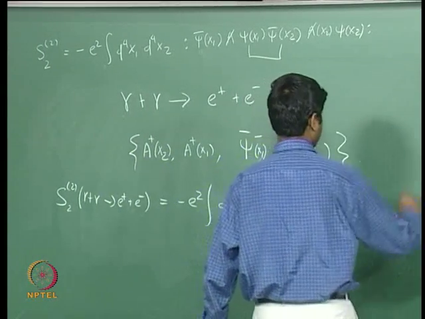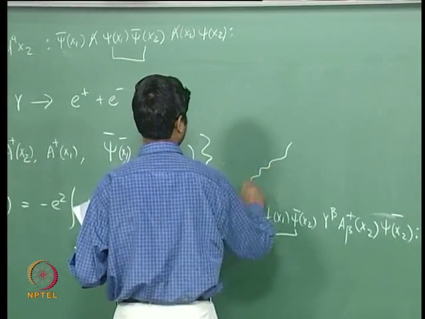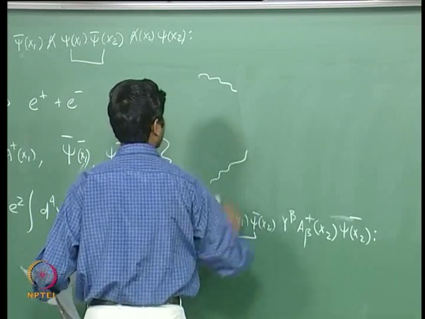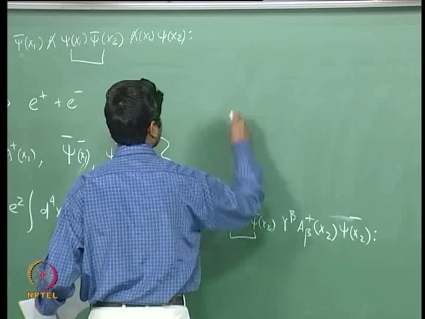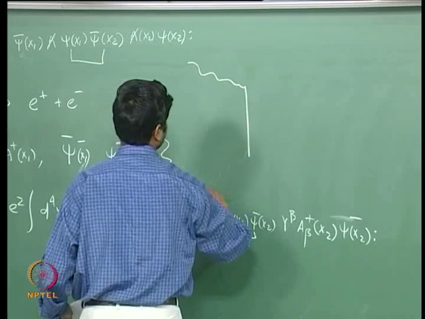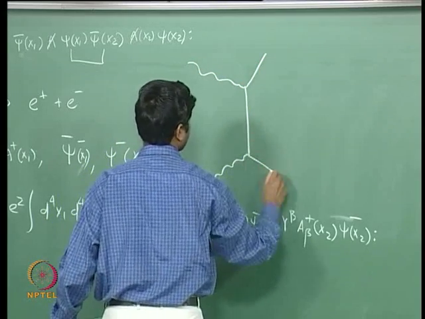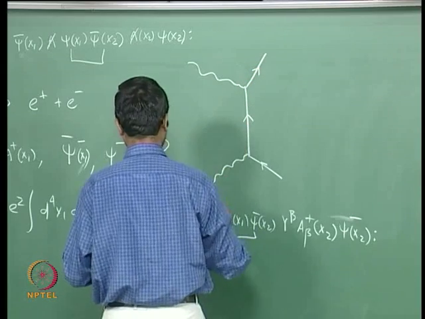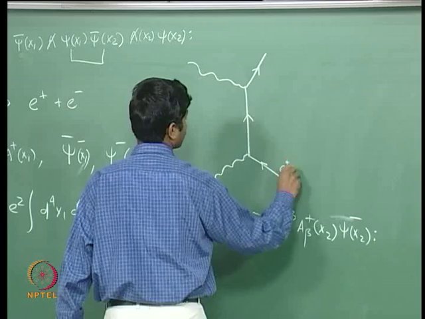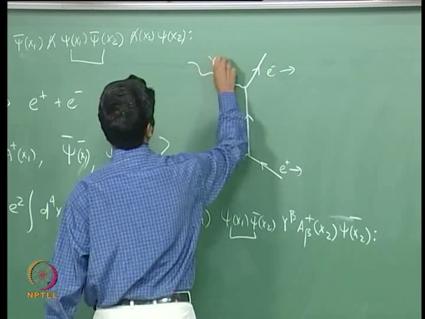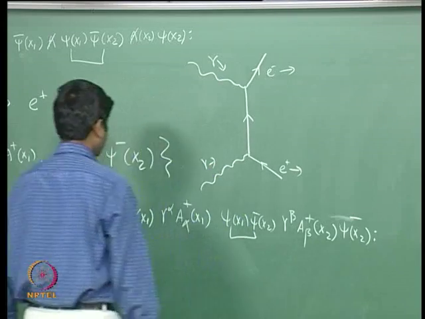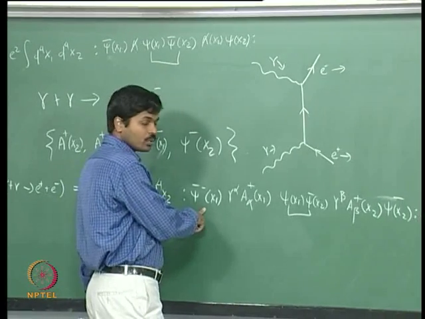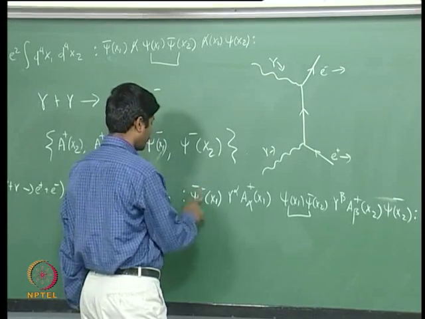So you see there is an outgoing electron which is created at x1.